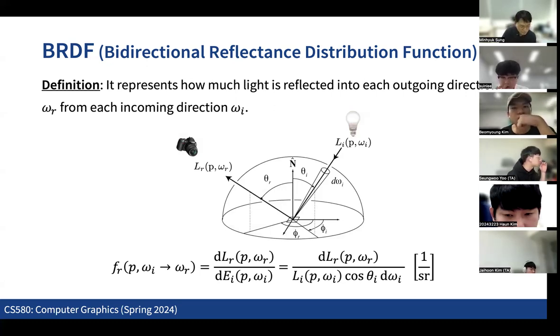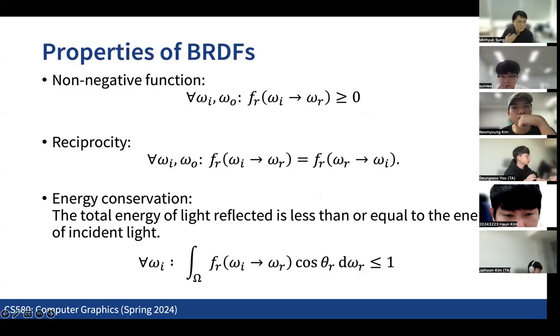Before we get into the discussion about reflection and transmission, let's briefly see some major properties of the BRDF. Especially when you want physically correct rendering, we need to satisfy these constraints for the BRDF.